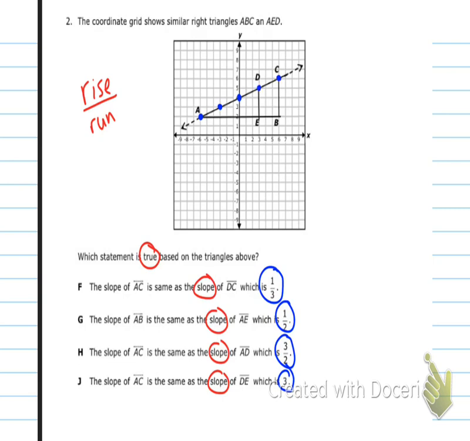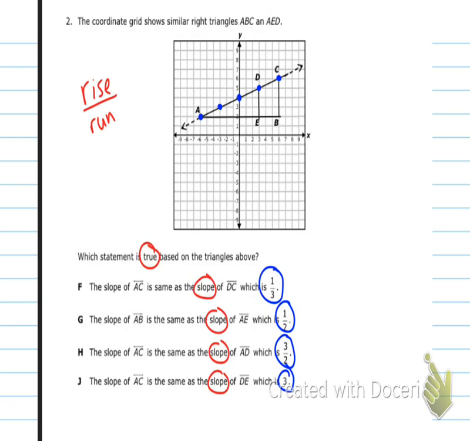Just because it has a letter next to it doesn't mean that I need it, but make sure you focus on the line. I'm looking at that line slightly slanted. You can call it line segment AC, AD, DC, a lot of combinations. But here's how I know to start. My line is going uphill, so whatever my answer is, it's positive. All my answers are positive, so it doesn't help me eliminate.